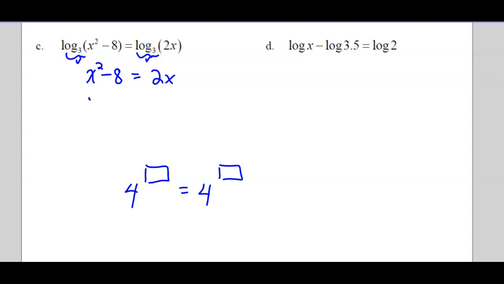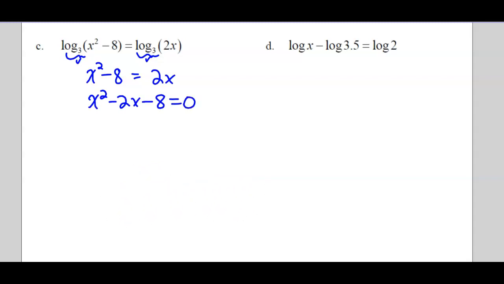Now that's a quadratic, and you can solve that one by factoring.